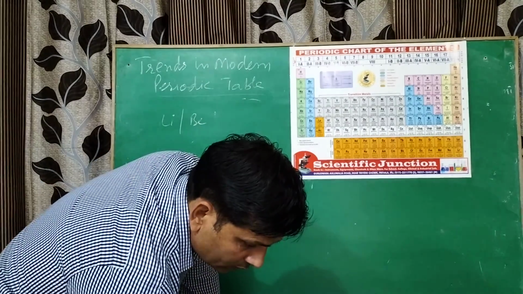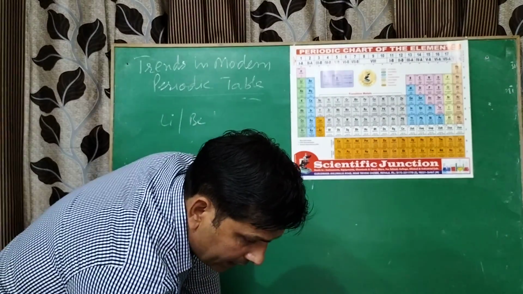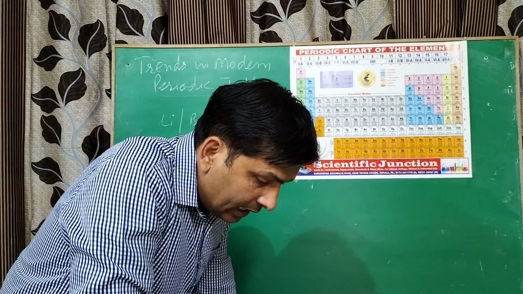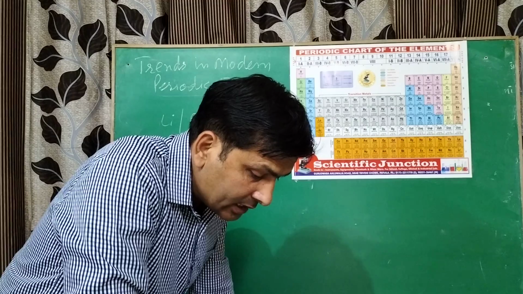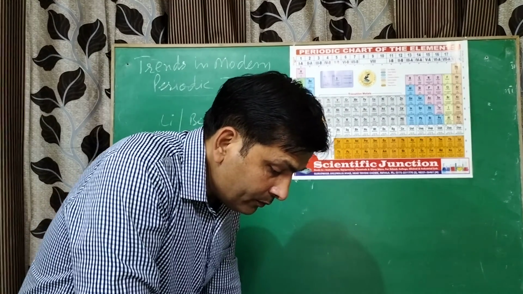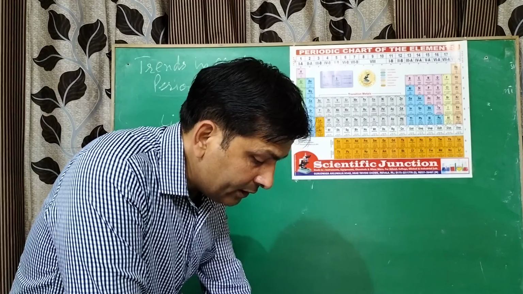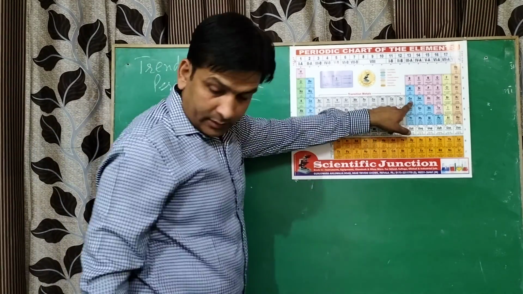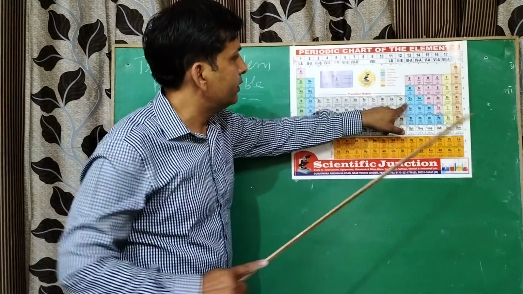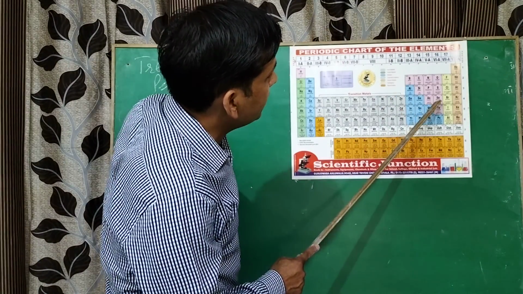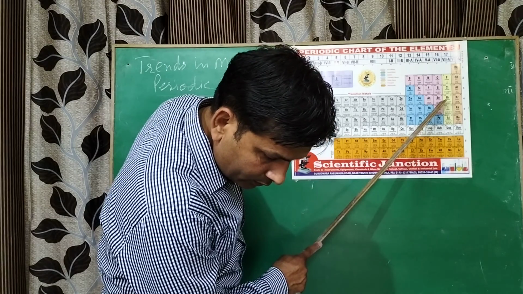And the last question: by considering their position in the periodic table, which one of the following elements would you expect to have maximum metallic character? Gallium, germanium. First of all, find them out. He is talking about these elements: gallium, germanium, arsenic, selenium, bromine, krypton.